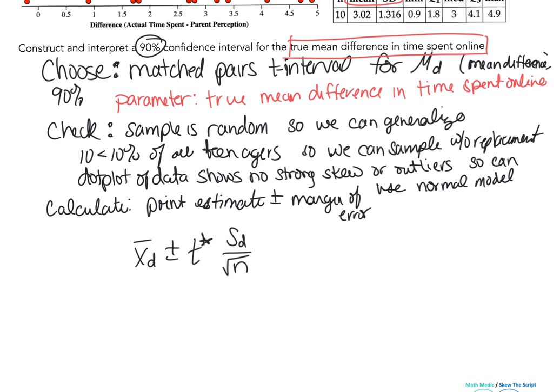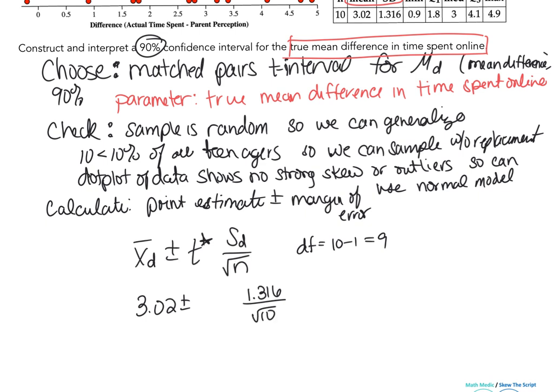That's the same formula we used for the one sample t interval. We're just substituting the mean of the differences and the standard deviation of the differences. Our degrees of freedom are still going to be n minus 1, so that's 9. So my mean is 3.02 plus or minus t star, which I'm going to look up in a minute, times 1.316 divided by the square root of 10.